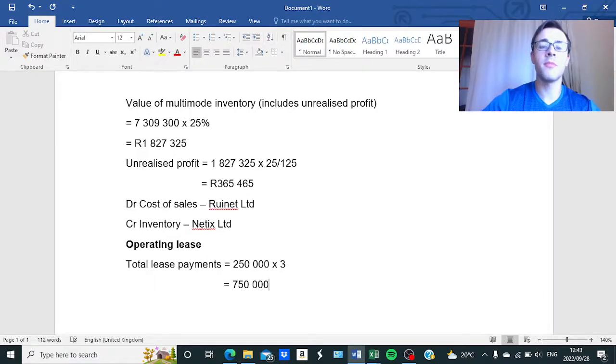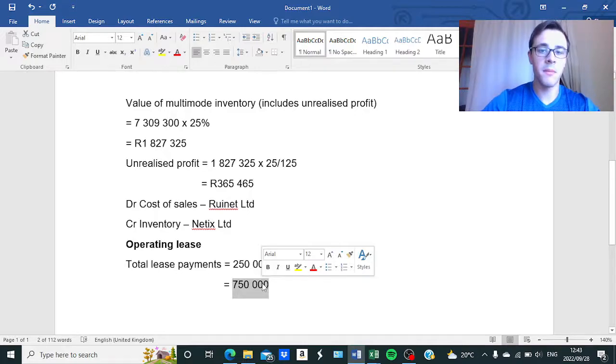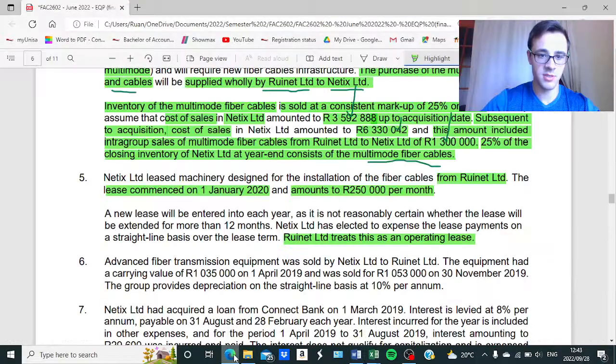Okay, now keep in mind the 750 was received by Renet Limited. So therefore this amount will be included in its other income, and since it was received intra-group, we need to eliminate this amount for consolidation purposes.